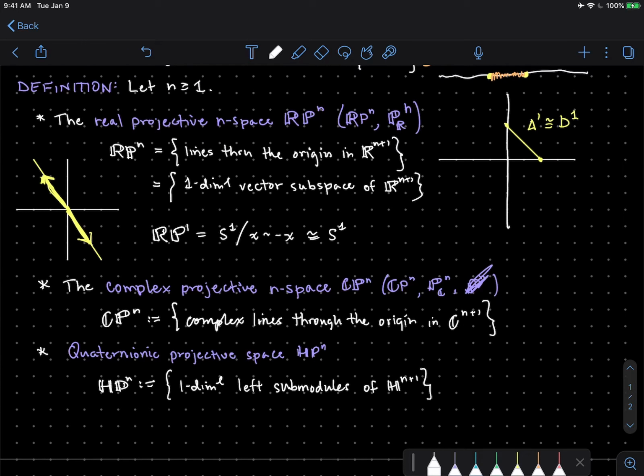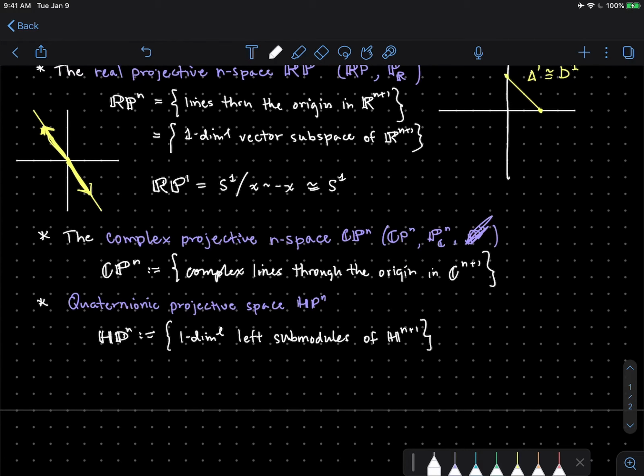Great. Now, similar to how we could identify RP1 with the circle, we can in fact identify CP1 with the sphere, S2, and we can identify HP1 with the 4-sphere, S4.